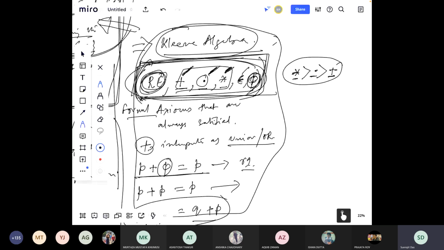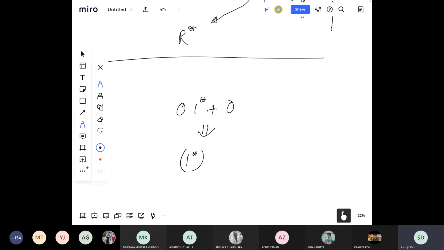So if we talk about a regular expression, for example, 0 1 star 0 0 1 star plus 0, it should be thought of as 1 star. You should associate 1 star very tightly with a 0 because it is concatenation, and then with this. So you can put brackets to see it clearly.